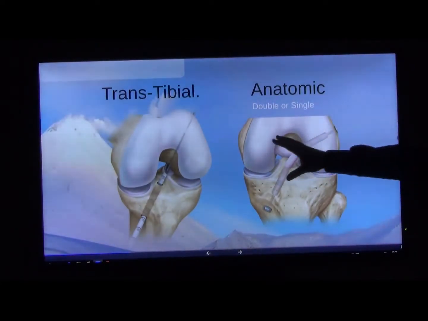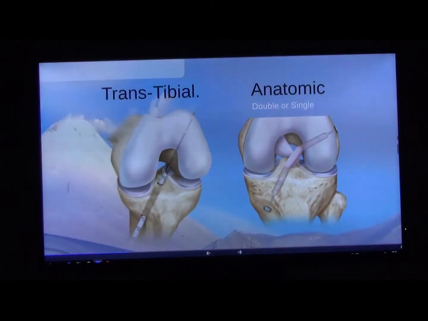So yes, again, in bone patella bone, I learned transtibial, and one of the other things that came from the Danish registries, amazingly, is that there's no difference in sagittal plane control for a transtibial versus an anatomic. The anatomic is divided into two groups and was brought about secondary to much better tooling, much better arthroscopic equipment, and that also initiated a lot more work going into the individual anatomy and the bony landmarks of the ACL insertions and origins.